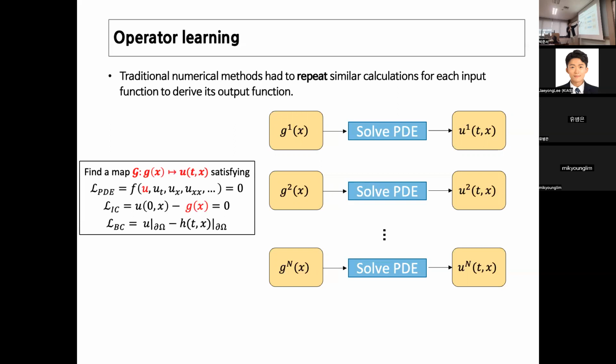When we have an initial condition g1 here, we have to use a numerical method to solve for u1. And if we have a different initial condition g2, then we again have to use the numerical method to solve this PDE to find u2, and so on.